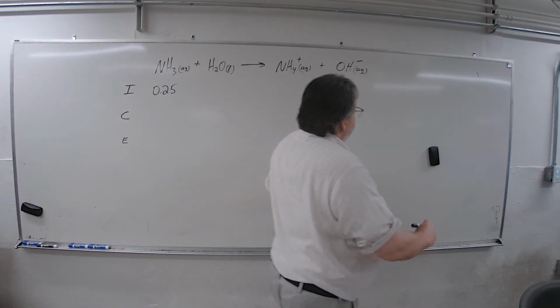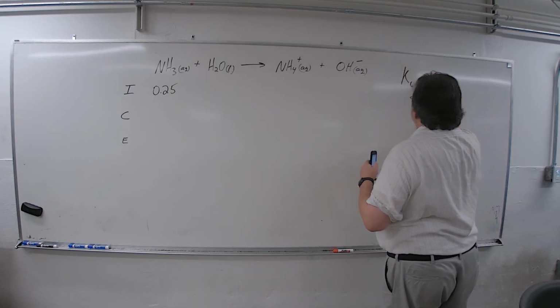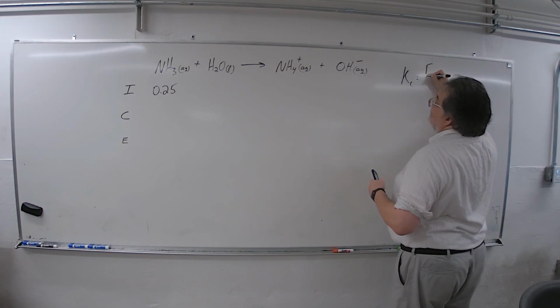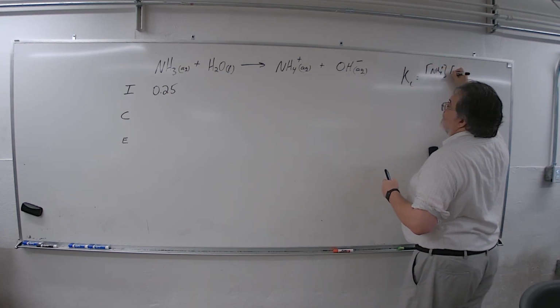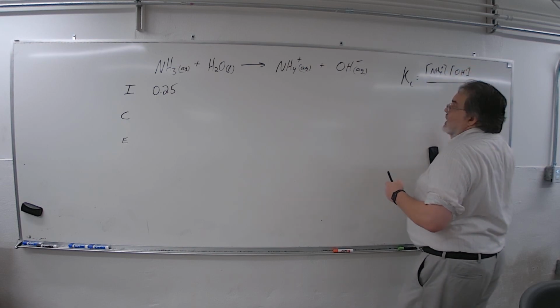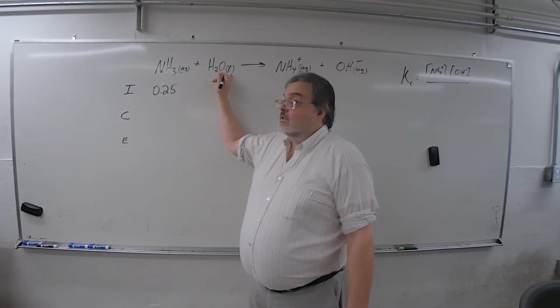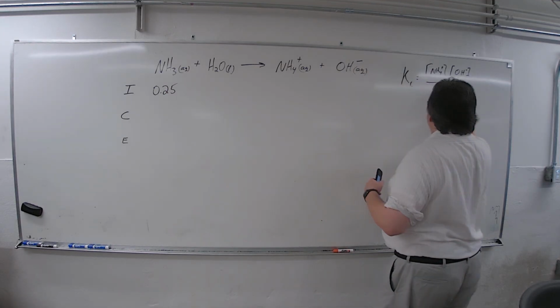You also know that K, or in this case Kc, because it's concentration based, you have these on top. And on the bottom you put these, except you're not going to use this because it's liquid. So you don't use the liquids and the solids, you use the aqueous and the gases.